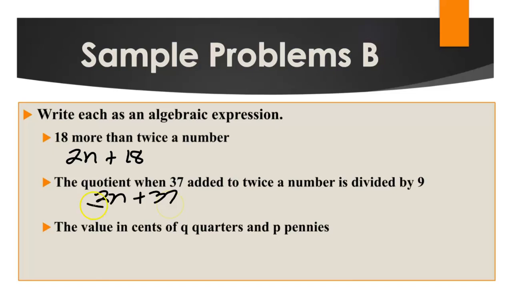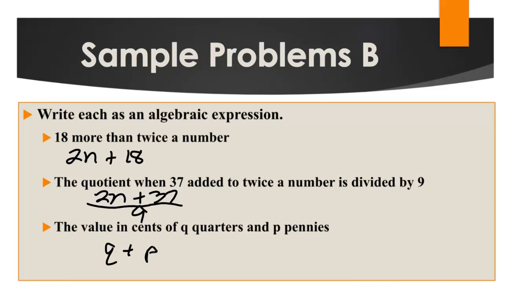And all of that is divided by 9. Next, the value in cents of Q quarters and P pennies. So the value in cents of, so we're going to be adding Q and the P for our total value for the money.